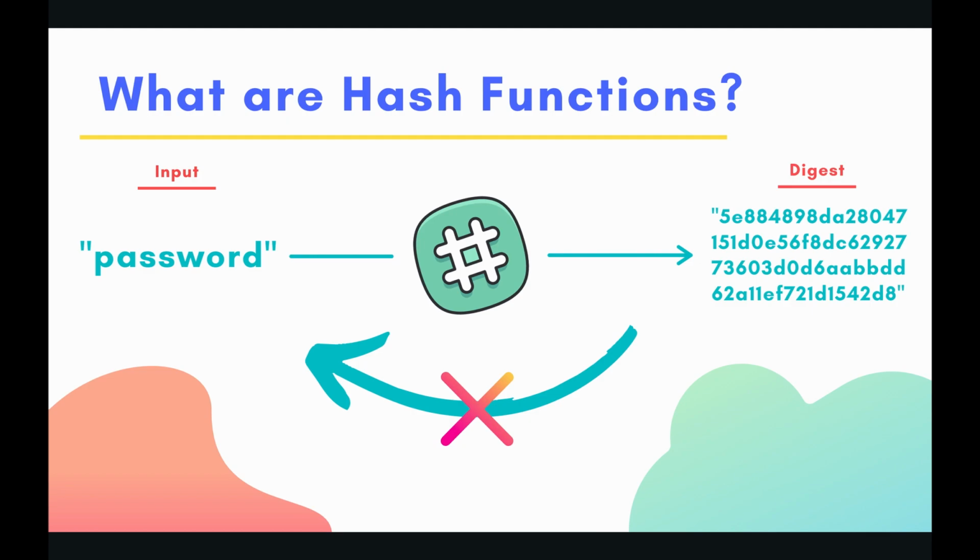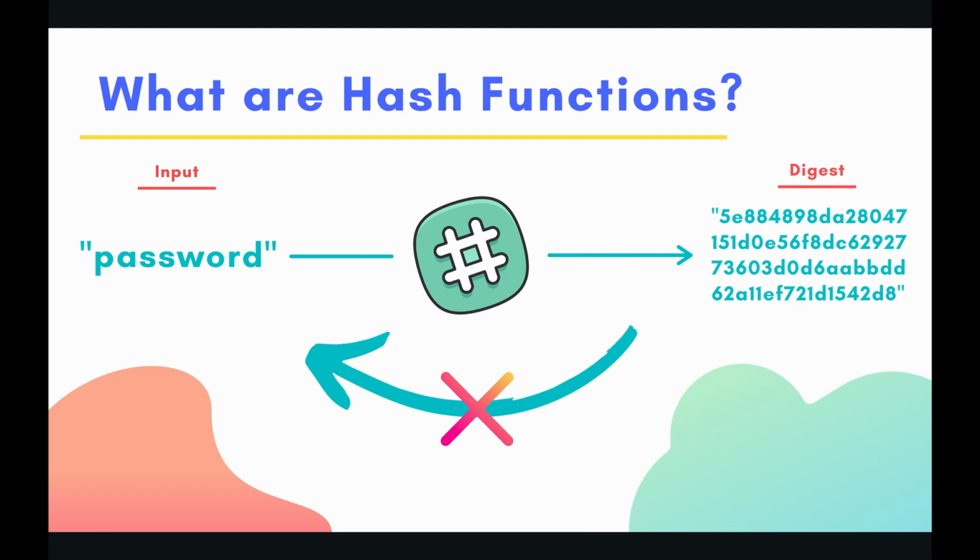Even if you have the digest and the hash function that was used to make it, you are still unable to re-engineer the input. That is really cool for storing passwords and other sensitive data within a database. Even if the database is compromised and the hacker can see all of these digests, they are unable to re-engineer the original inputs.